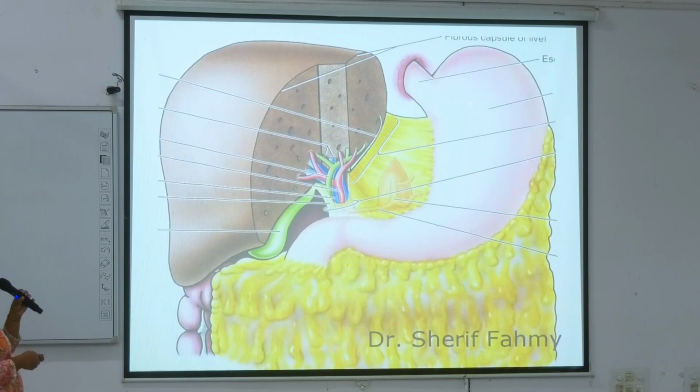Next, see, this is the lesser omentum, and these are the structures entering into the hilum of the liver. Here the duodenum is starting, first part, second part, and this is the greater omentum attached on the greater curvature of the stomach.